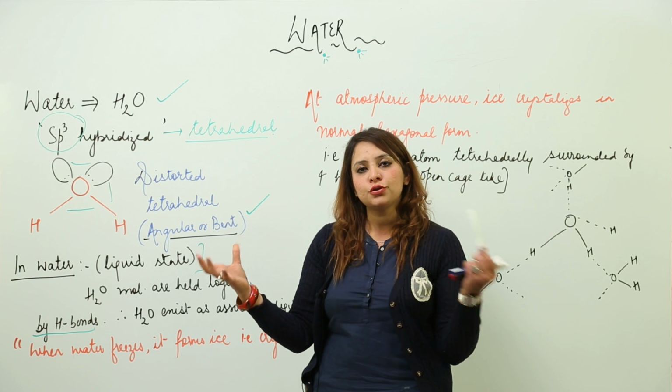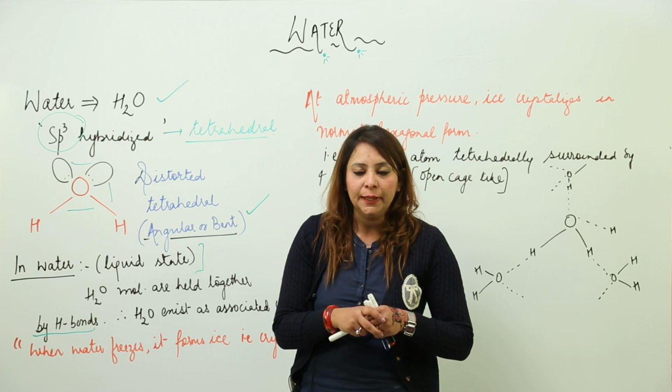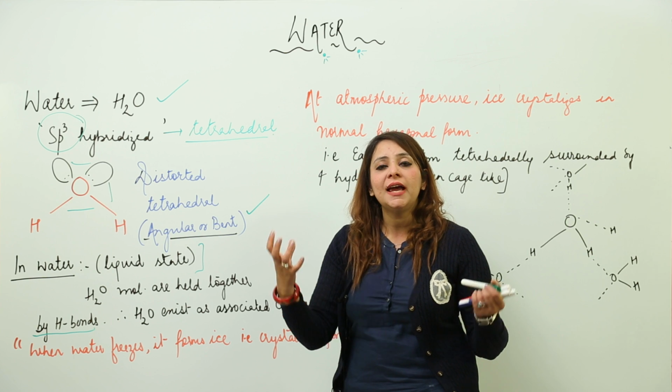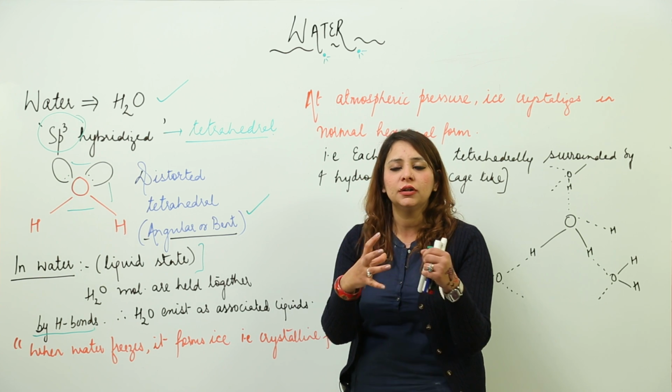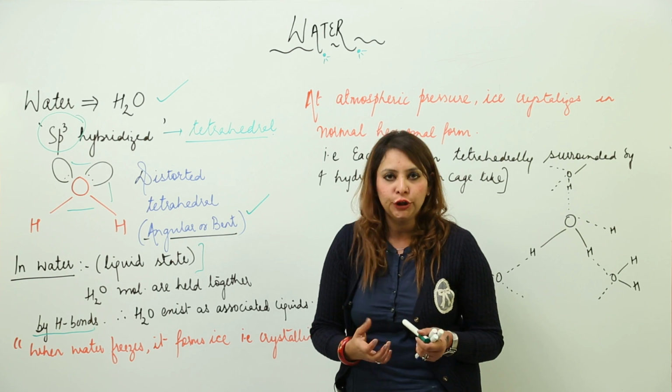That means different H2O molecules are linked together because they have hydrogen bonding between them. So we can say that the molecules occur in an associated manner. They aggregate towards each other.